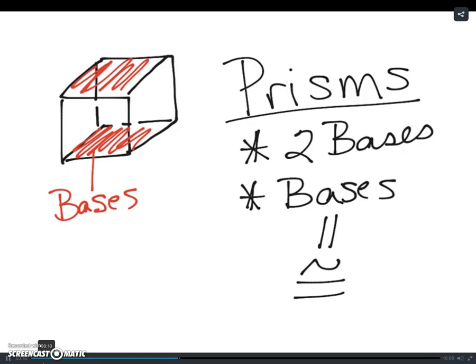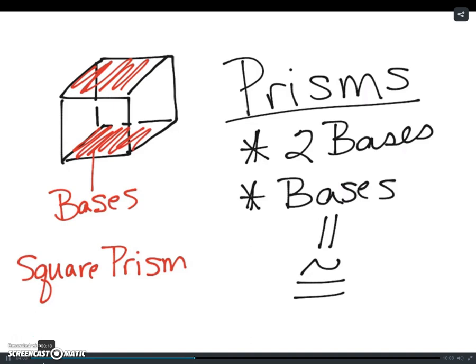And if these are squares, then this is a square prism. A square prism has its own special name. We call it a cube. But if they were rectangles, it would be a rectangular prism. If they were triangles, it would be a triangular prism. Hexagons, hexagonal prism, and so on and so forth.